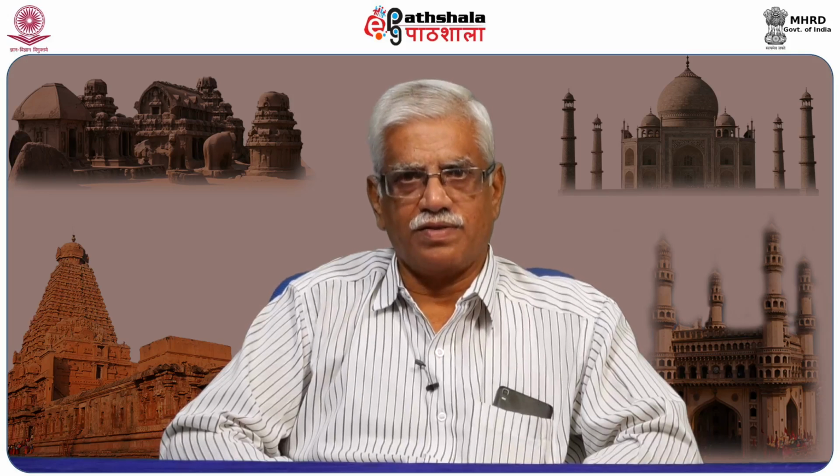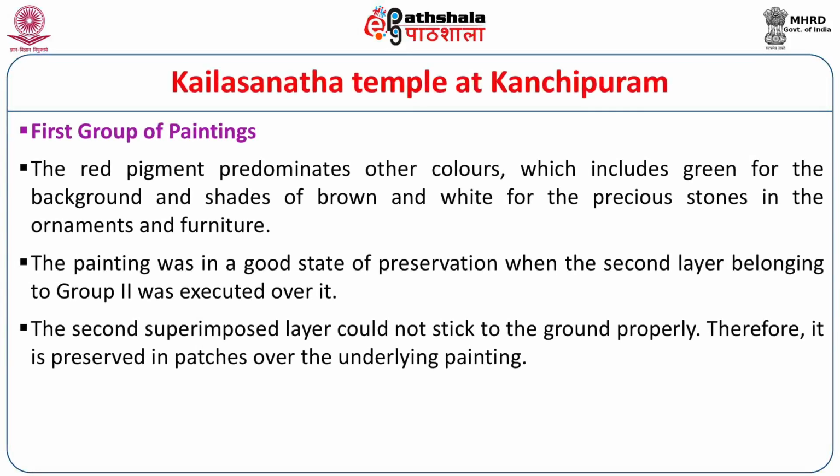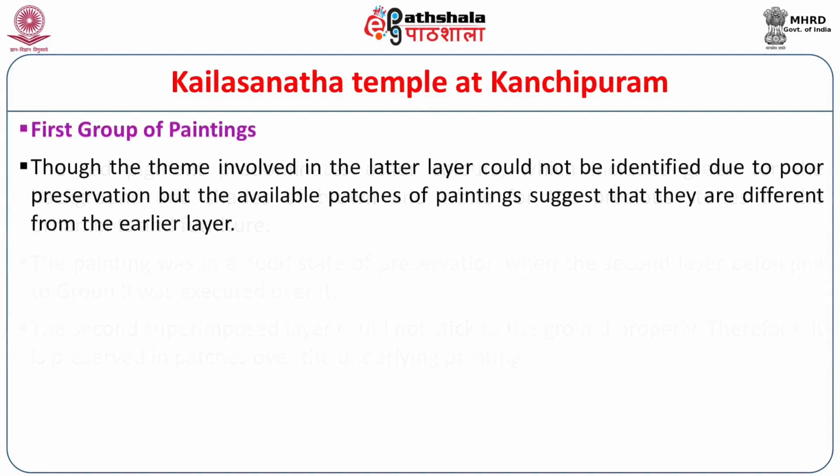Therefore, this second group is preserved in patches over the underlying first group, though the theme involved in the latter layer could not be identified due to poor preservation. When compared with the first layer, the second layer is not well preserved, whereas the first layer is well preserved.